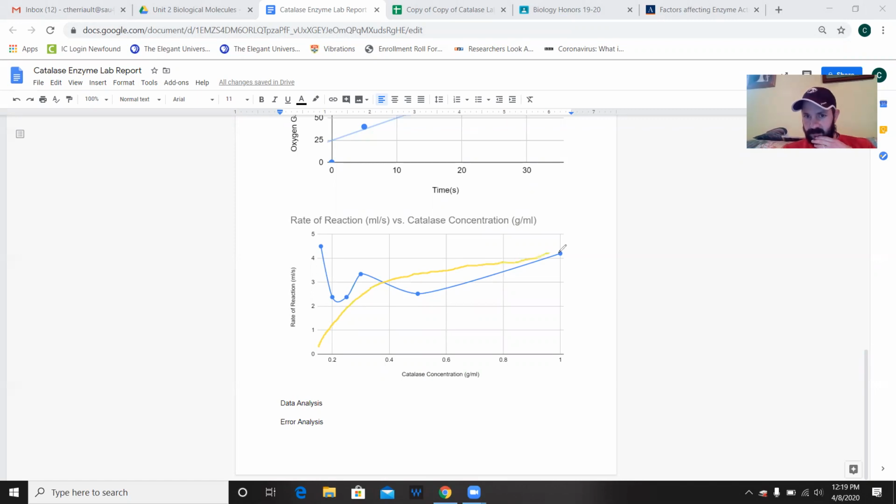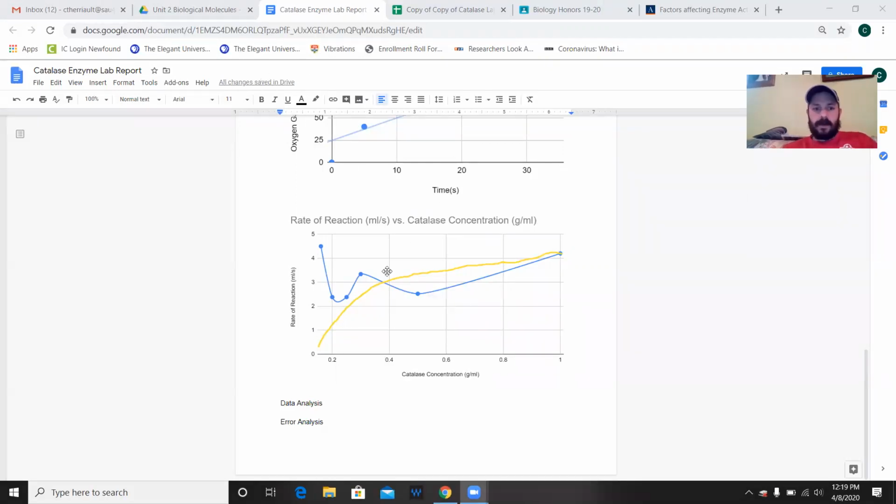So of course, this group has a bunch to talk about. They kind of have a sort of a plateau building here where these points level off, but this first part is mightily odd. Particularly their lowest concentration seems to have way too high of a reaction rate for what they actually got.